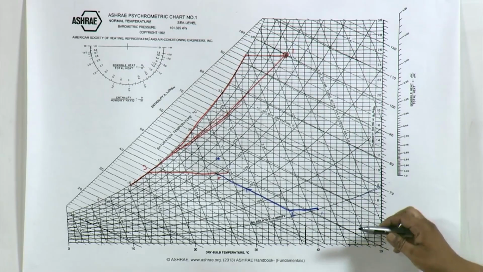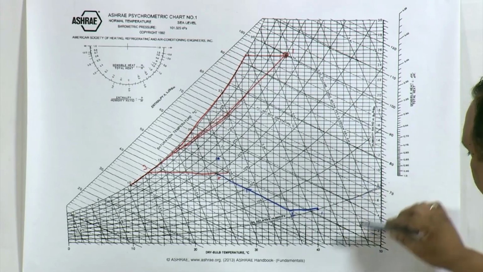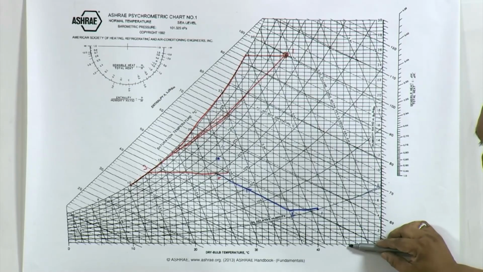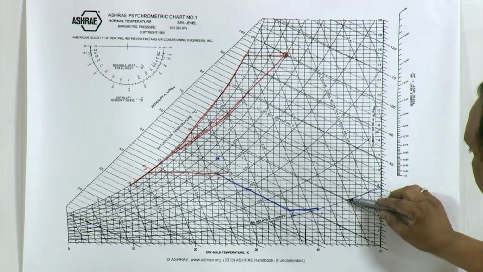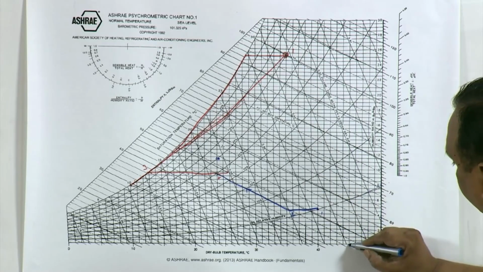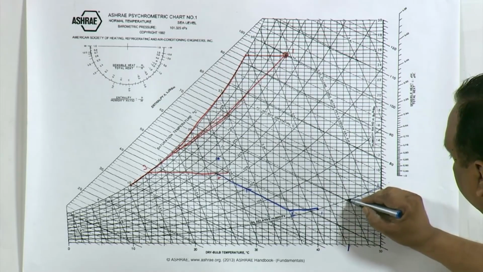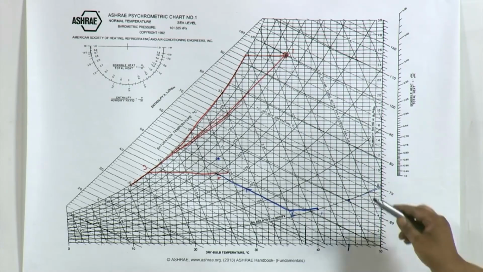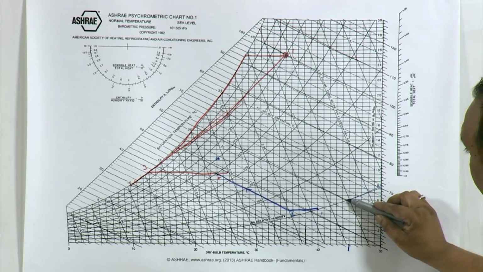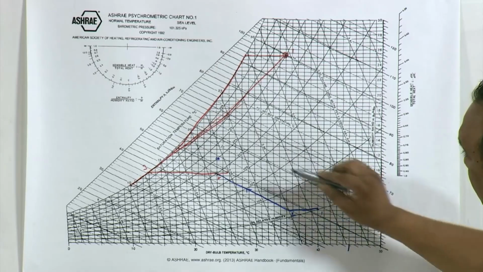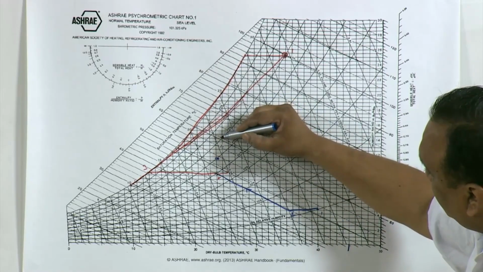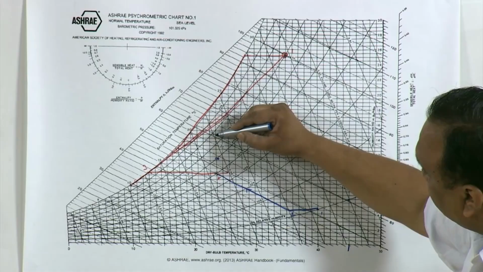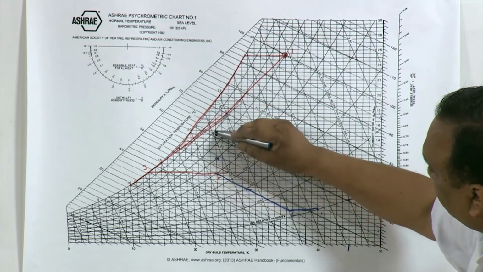Suppose the outside temperature is 45 degrees centigrade and relative humidity is 10%, so you are somewhere here. Now if you do the evaporative cooling right from this point, the humidity will be 70%, too high, or more than 70%, 75% at 24 degrees centigrade.